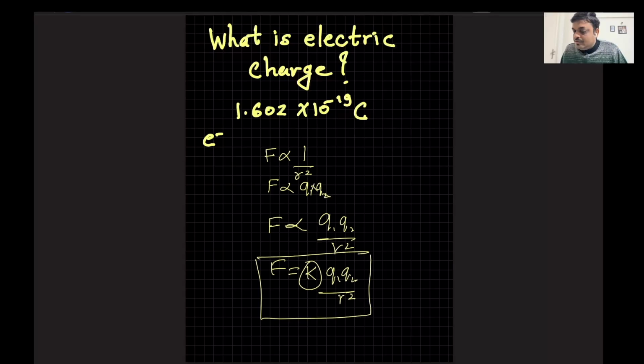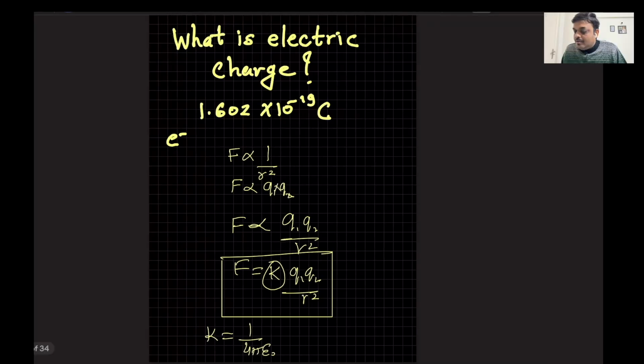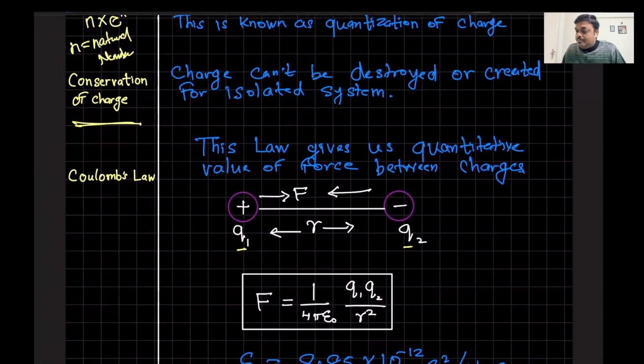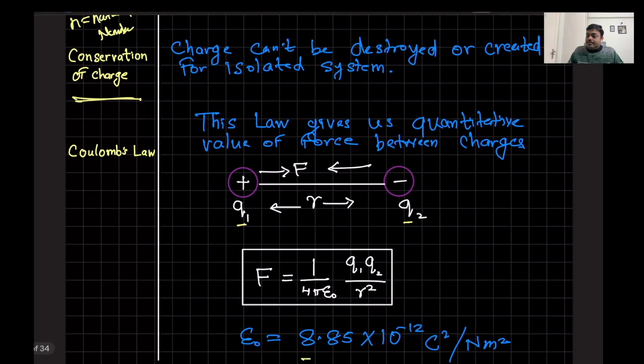So the force is equal to k q1 q2 by r squared, and this k is 1 by 4 pi epsilon naught, and this is Coulomb's law. Epsilon naught is known as the permittivity of free space, and the value is 8.85 times 10 raised to the minus 12 coulomb squared per newton meter squared. This is the formula which is known as Coulomb's law.